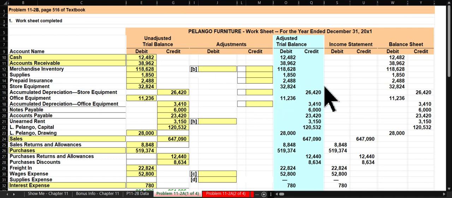So here I am in the worksheet, and we know that this is referred to as a 10-column worksheet. However, here we have our unadjusted trial balance, and so these two columns will have the balances from the ledger before any adjustments have been made.